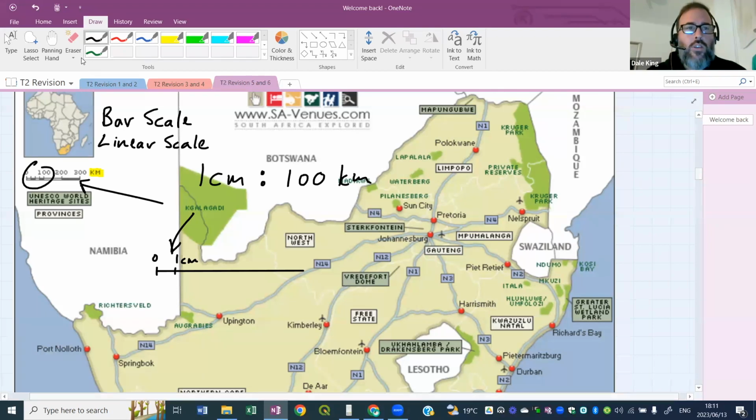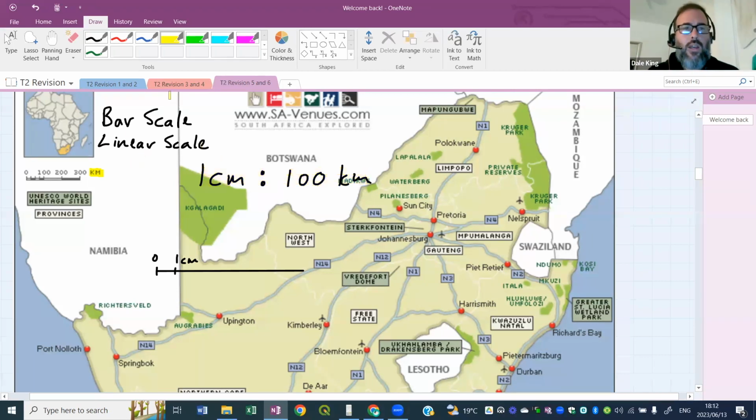Sometimes they'll give you the scale written as a ratio like this. Sometimes they'll give you a bar scale. You've got to know how to use either one of them. Now you can take this scale here, which is a ratio scale or a number scale. This is the number scale here. You can use either one of these and work out real world distances on the map.